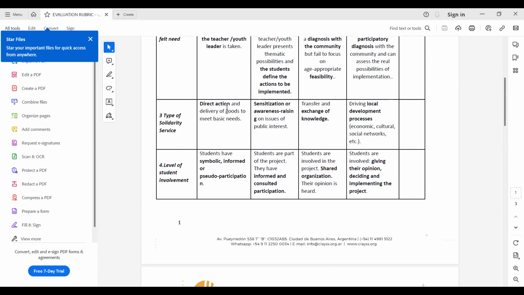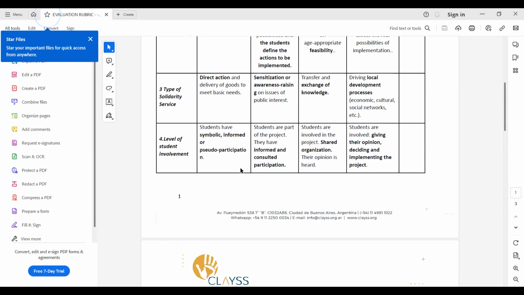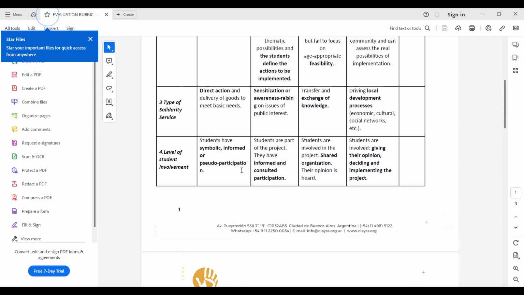Yes, George, okay. This rubric is to evaluate the three main features of service learning, but in depth. I mean, we are talking about the participation, the involvement of the students and the community, the link between the service activities and the solidarity service and the learning, and the participation of the community.